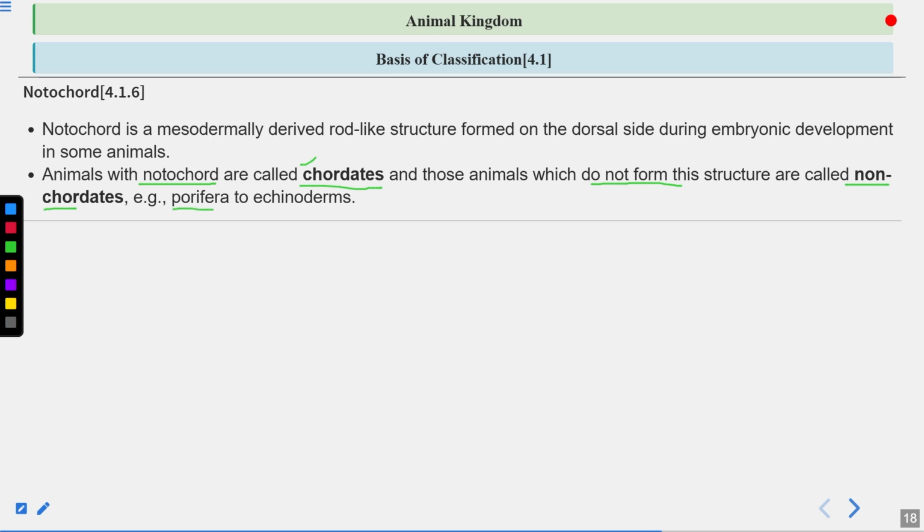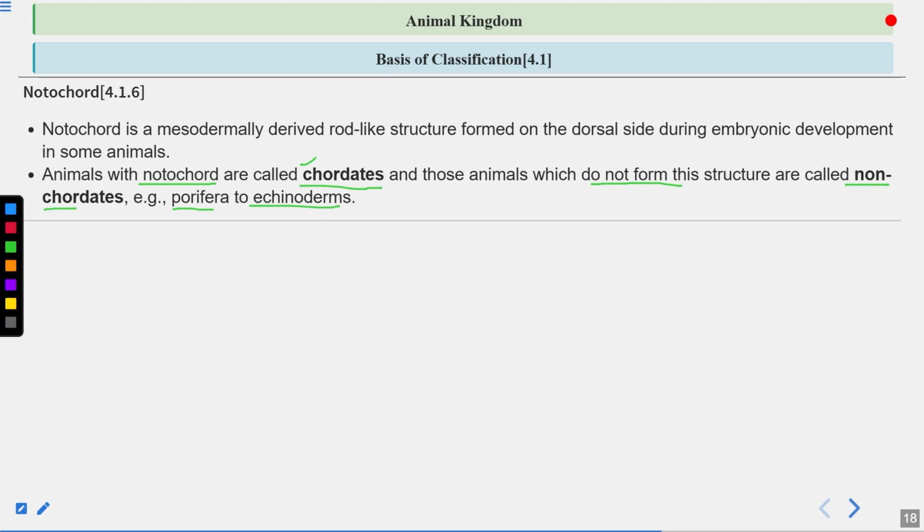So from the Porifera to echinoderms, no notochord is present: Porifera, Coelenterata, Platyhelminthes, Aschelminthes, Annelida, Arthropoda, Mollusca, Echinodermata. They do not have any notochord either in the embryonic stage or in the adulthood stage. So that is why they are called non-chordates.